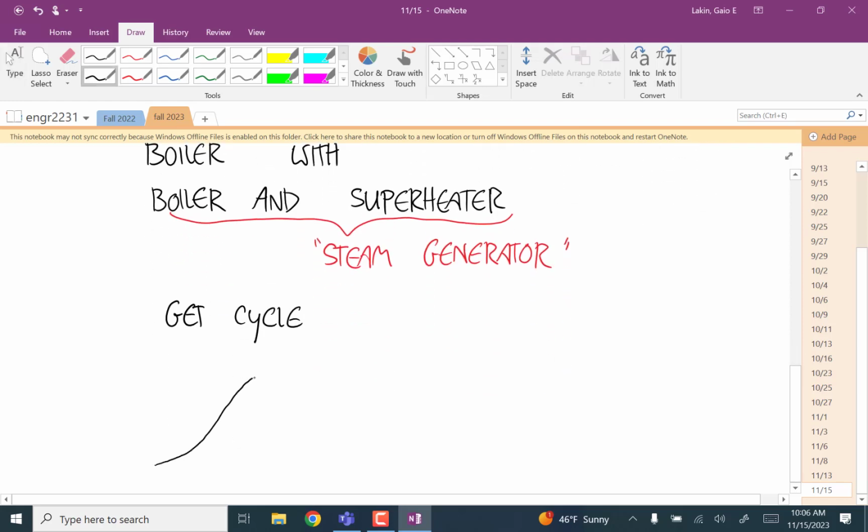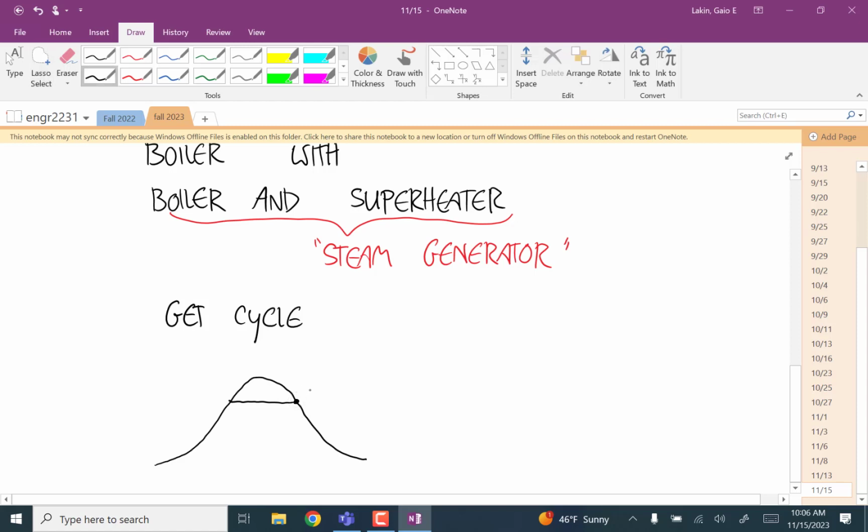So here's the vapor dome. In the ideal Rankine cycle, you go from this saturated vapor through the turbine. But here, you have the boiler take it to a saturated vapor.